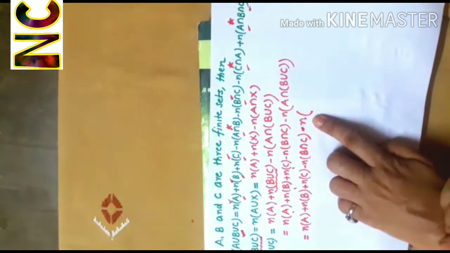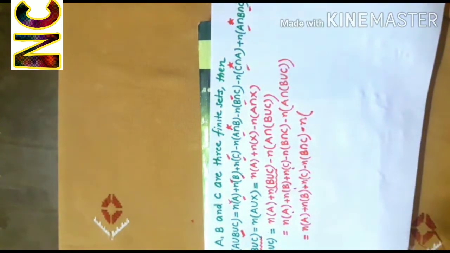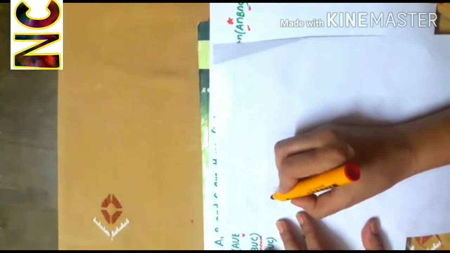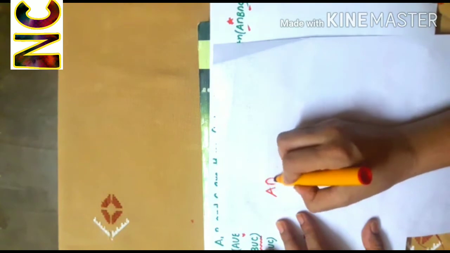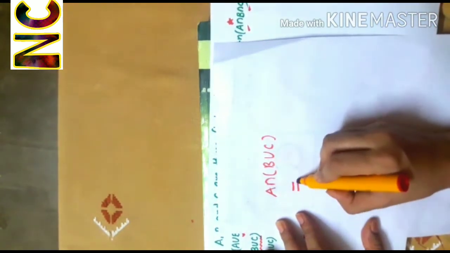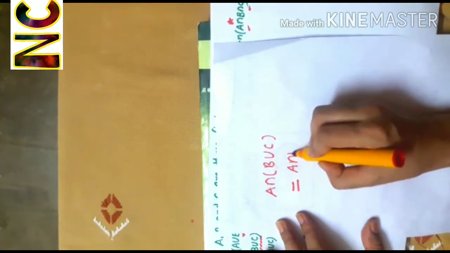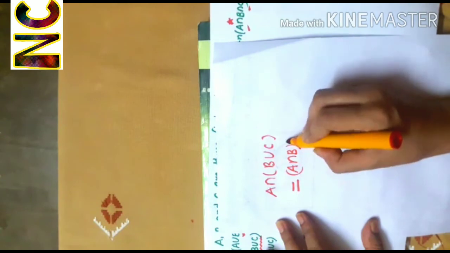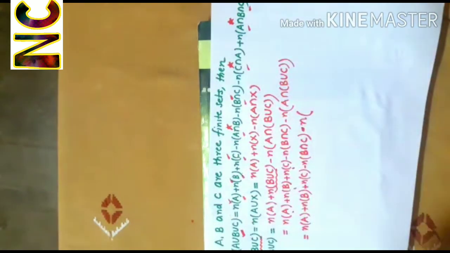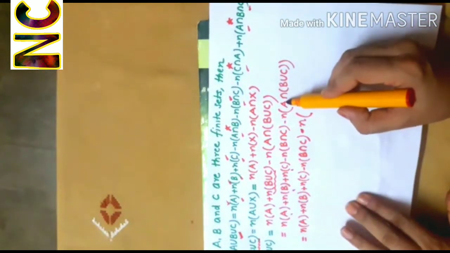Okay, now look here. We learnt distributive laws of sets, we learned that A intersection B union C is equal to, yes, open the bracket, it will be A intersection B union A intersection C. So I'll apply this result.